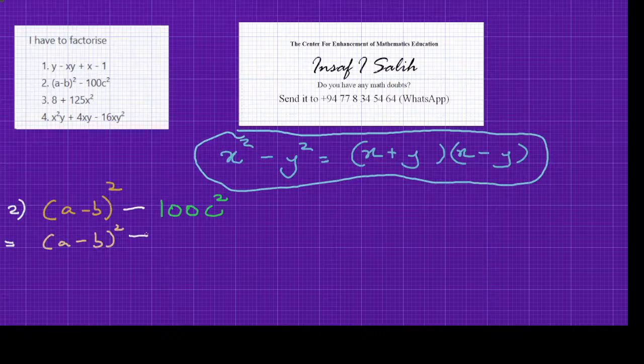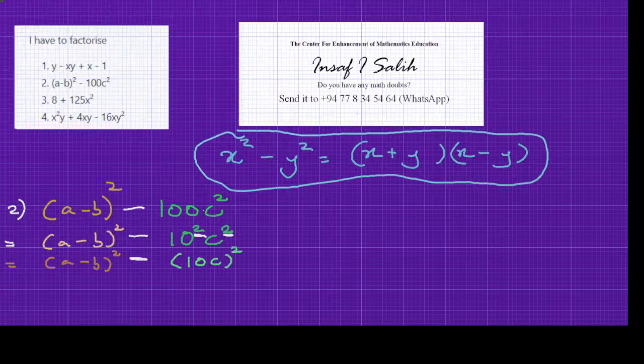What is 100? 100 can be written as 10 squared. So that's 10 squared c squared. So then it's a minus b whole thing squared, subtract. Since both of these have a square, I can write the square as a common index. It can be written as 10c squared.